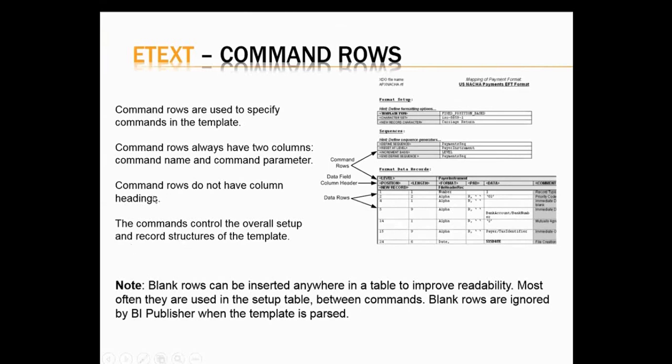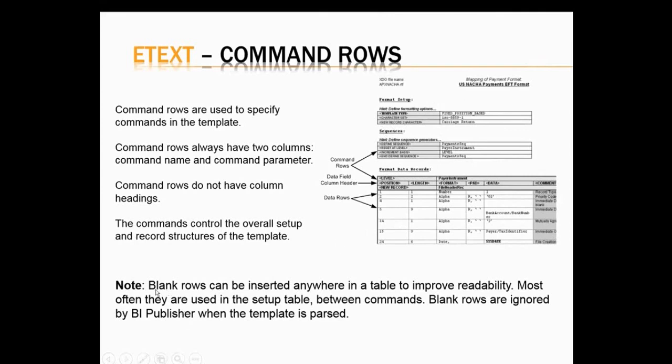If you take typical BI XML Publisher templates, there we can drag and drop the field, keep some for loops, and do some grouping like that. Along with that, these ETEXT templates need additional formatting and additional commands. Also, in an ETEXT template, if you see, blank rows are inserted here, and here, there are many blank rows.